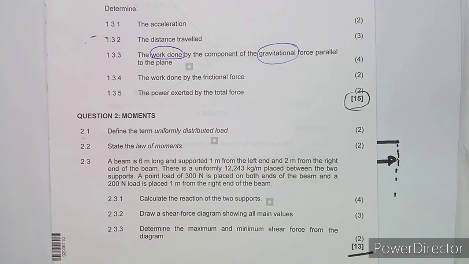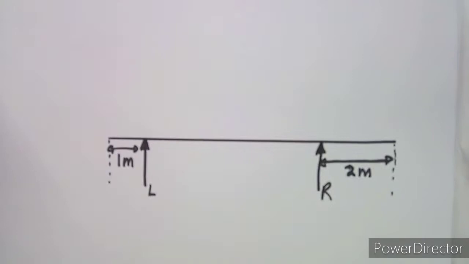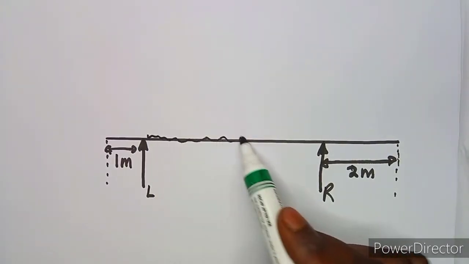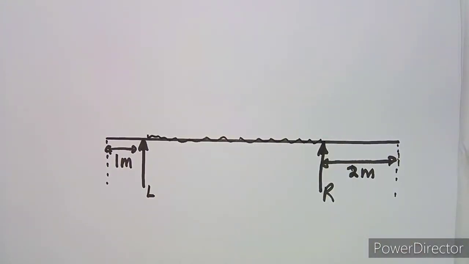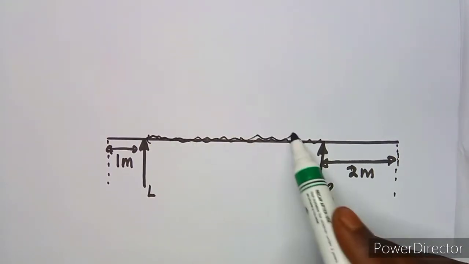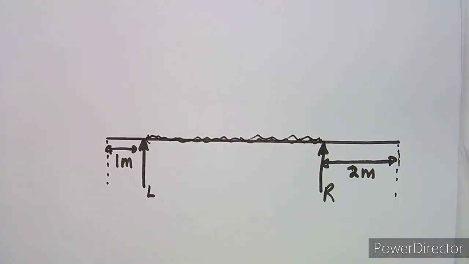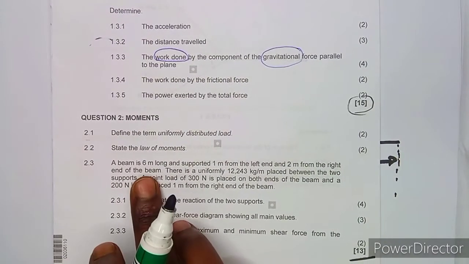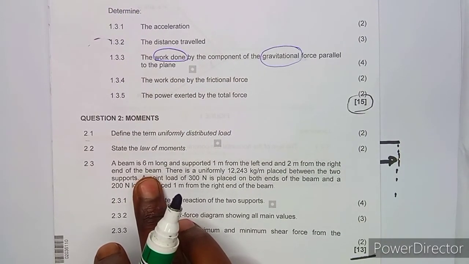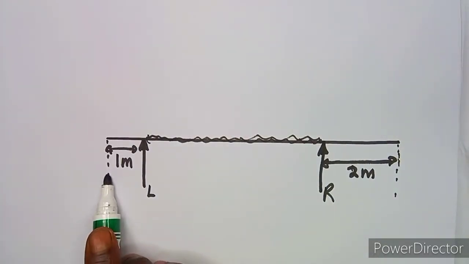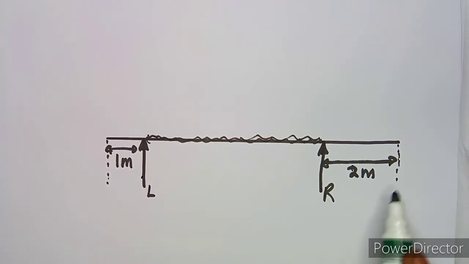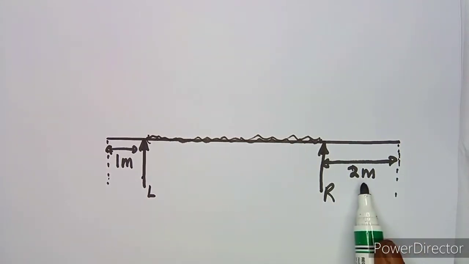There is a uniform load of 12.243 kg per meter placed between the two supports, which means we've got a distributed load between the two supports. Remember, guys, the beam is 6 meters, so we have used 1 meter and 2 meters. 1 plus 2 gives us 3.